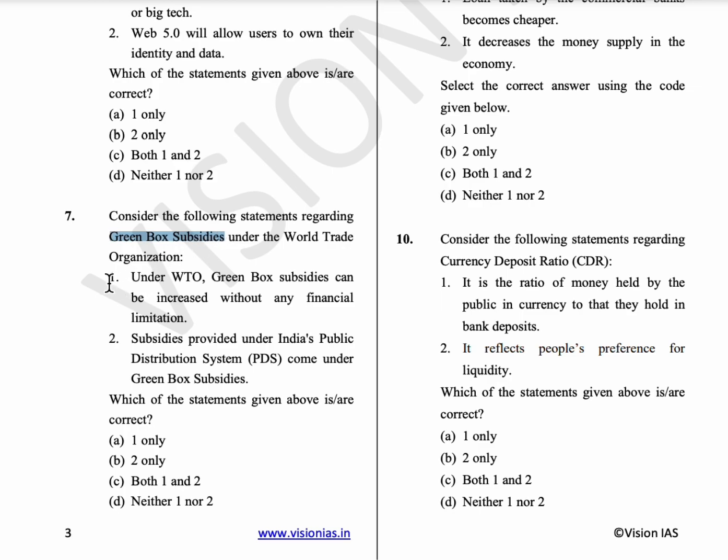The first statement is, under the World Trade Organization, green box subsidies can be increased without any financial limitations. So the first statement is correct. Coming to the second statement, subsidies provided under the Indian public distribution system come under green box subsidies.